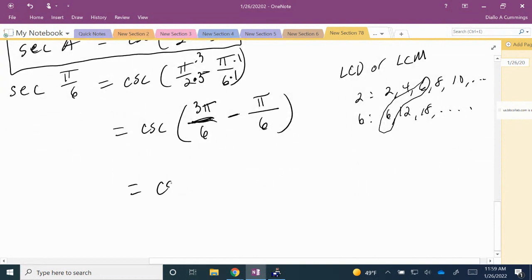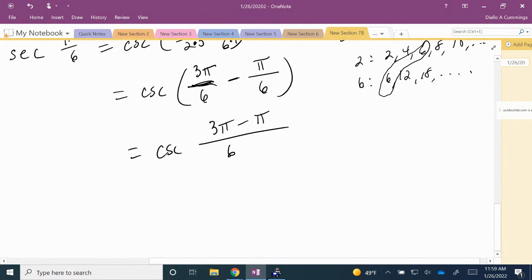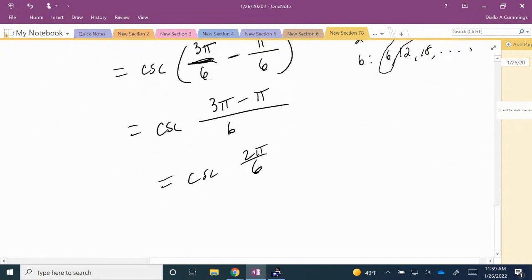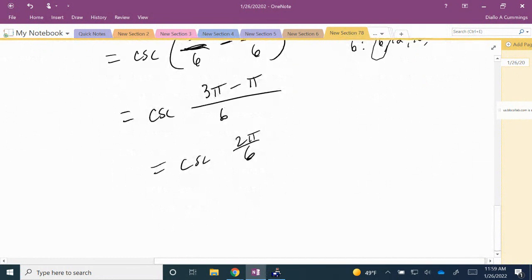Now I can keep my common denominator and combine my numerators. So 3 pi minus pi is 2 pi. And I can reduce 2 pi over 6 to pi over 3.